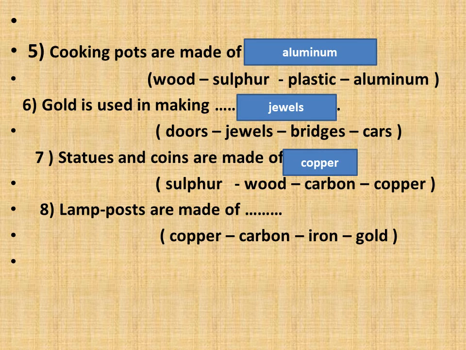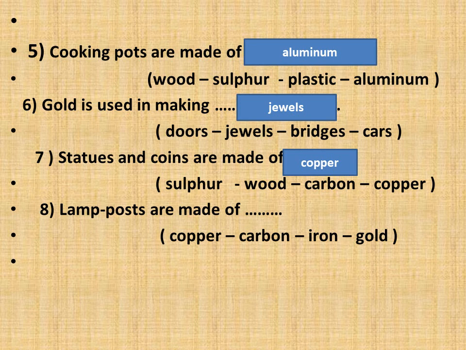Lamp posts are made of copper, carbon, iron, or gold. Copper? No. Carbon? No. Carbon is a non-metal and can't be bent or reshaped. Iron or gold? Gold is very expensive, so we use iron.